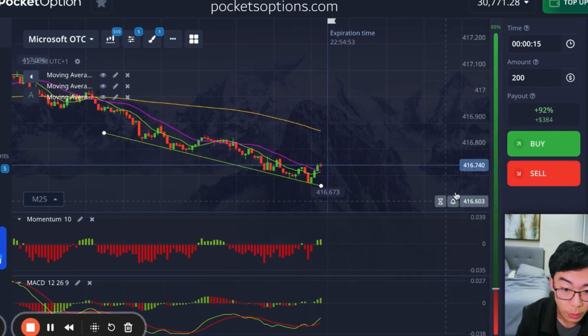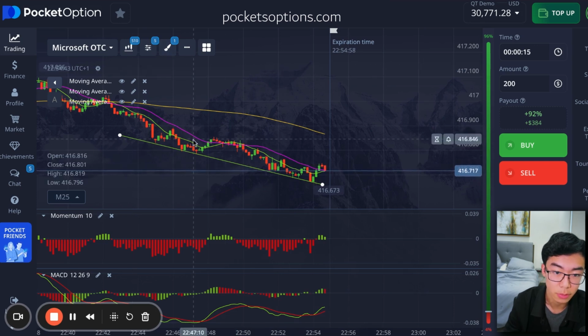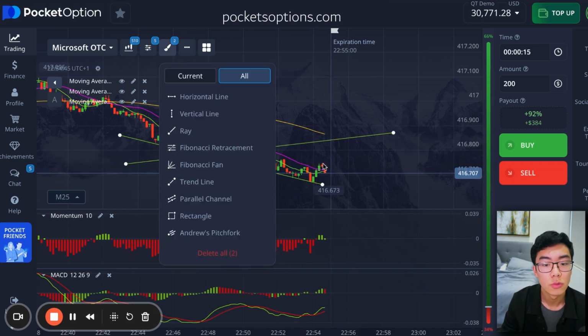And potentially we could do another buy. See what the resistance levels are right here. Trend line.